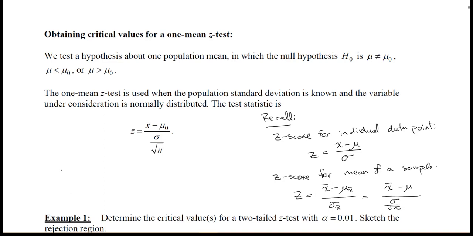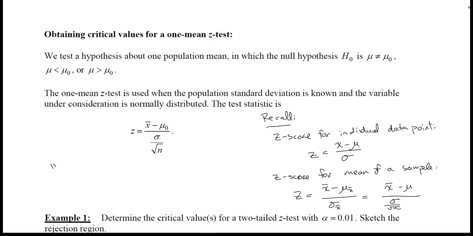So basically, here's how I remember this, and this will be true for any hypothesis test. It doesn't matter whether we're doing z, whether we're doing t, whether we're doing a single mean, two means, a population proportion, two population proportions, any number of other things.